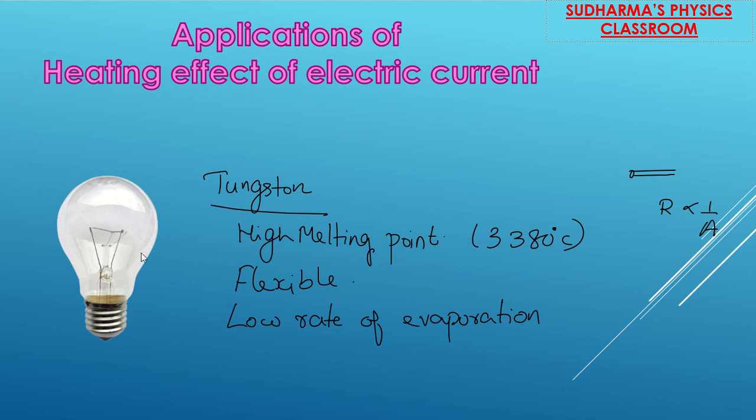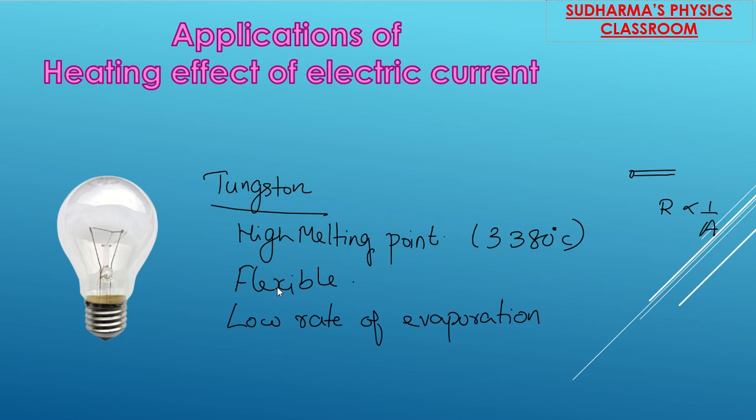Now, there is a possibility for tungsten at very high temperature to react with oxygen. What happens if any material reacts with oxygen at very high temperature? Definitely a fire breakout will be there. So in order to avoid that, some inert gases are filled within this glass tube.